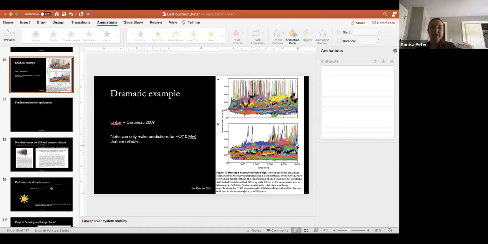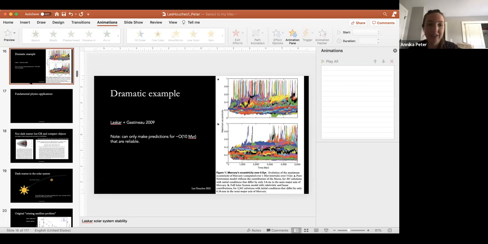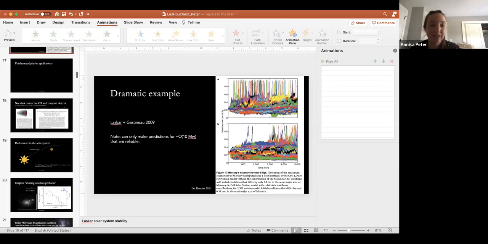So this behavior is really a result of the chaos of the system, and has less to do with the accuracy of the integrator. That's one thing I wanted to emphasize from yesterday. Accuracy matters, but if you have a chaotic system, your orbits are just going to go bonkers, because that's what chaos does.